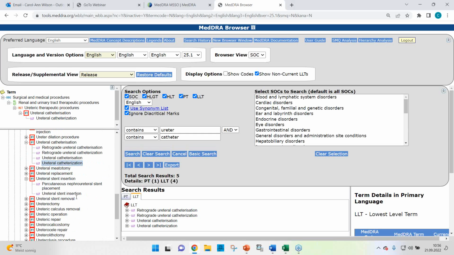We know it's a stent. We don't know whether this catheter is inserted through the urethra, so it's not a percutaneous surgical procedure. So that's why ureteral stent insertion would be the best match to our verbatim.